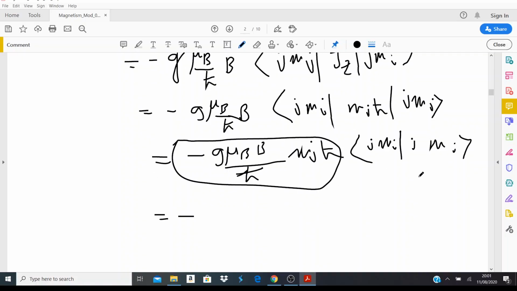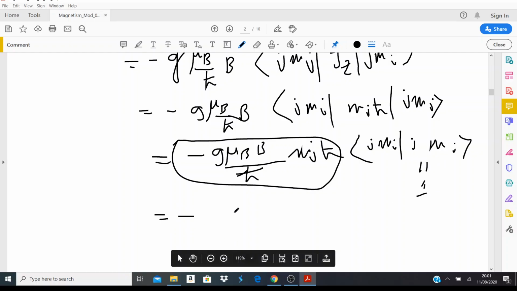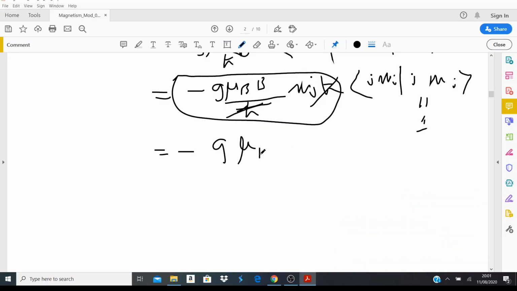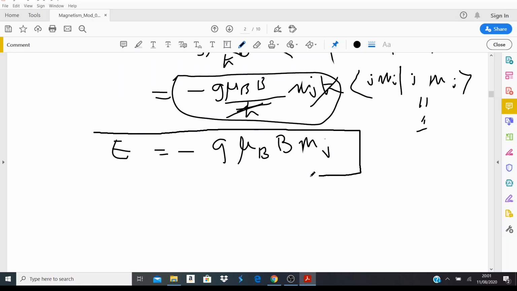So you can cancel this h bar with this h bar. You have g mu B B times Mj. That's the expectation value of energy, which is the value of energy itself.